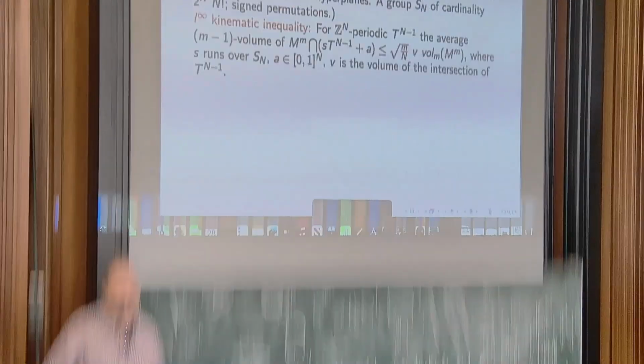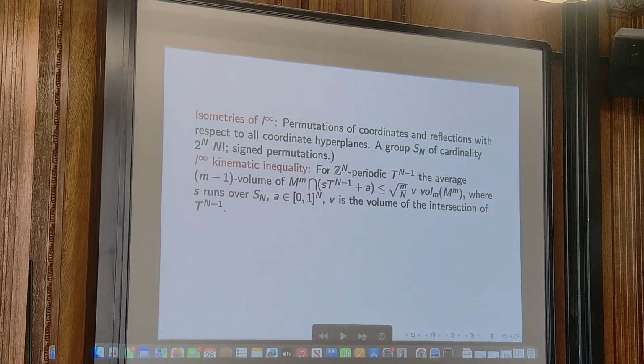And what we proved with Sergei, in our paper with Sergei, is the following L infinity kinematic inequality: for all Zn periodic T^{n-1}, the average m minus 1 volume of the intersection of something m dimensional, where m is anything, with sT^{n-1} plus a, where s is a signed permutation and a is a translation, will be bounded above.